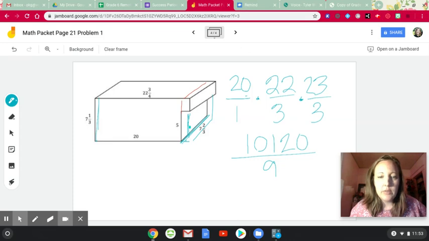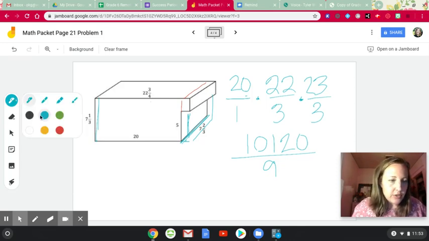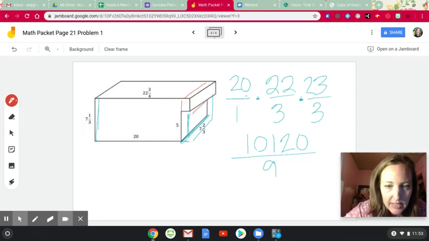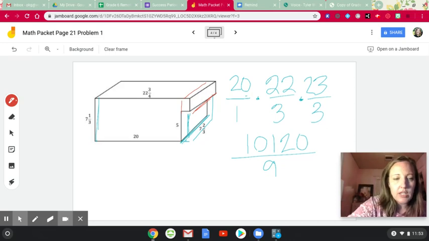Okay, so the next thing we need to do is find the volume of this little piece. And then we need to add it to this, because this was the volume of this part of the box, right? Okay, so now let's figure out the dimensions. So length times width times height. The nice thing is it's got the same width, 7 2/3, which is 23 thirds, okay?